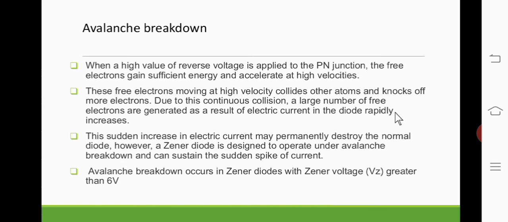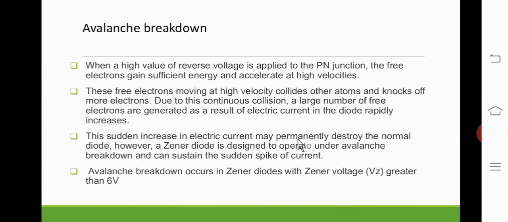As a result, the electric current in the diode rapidly increases.